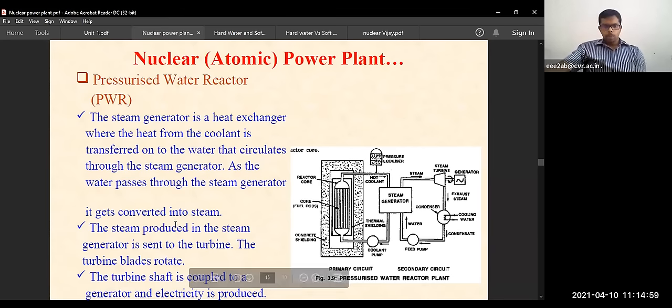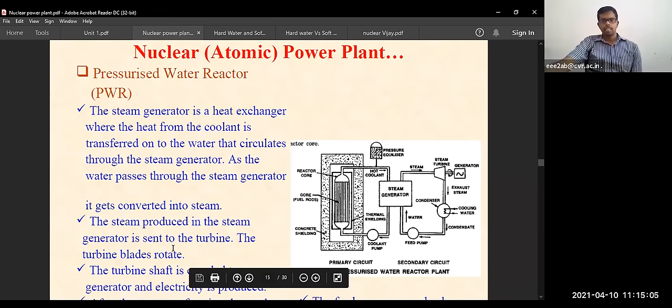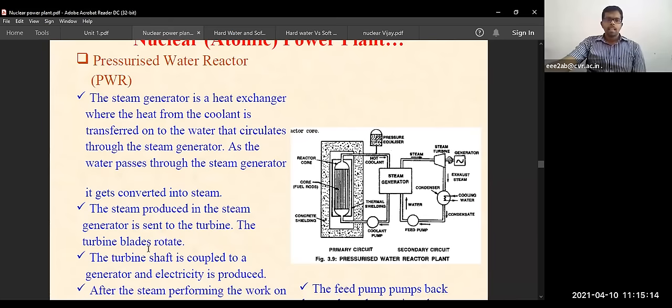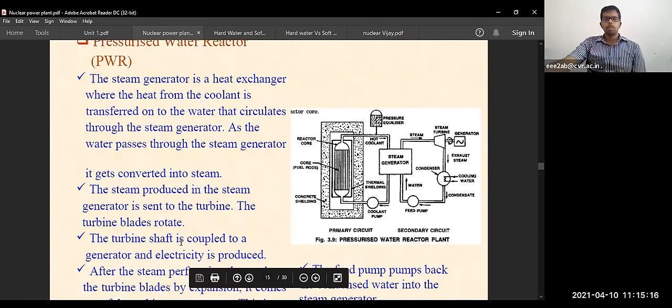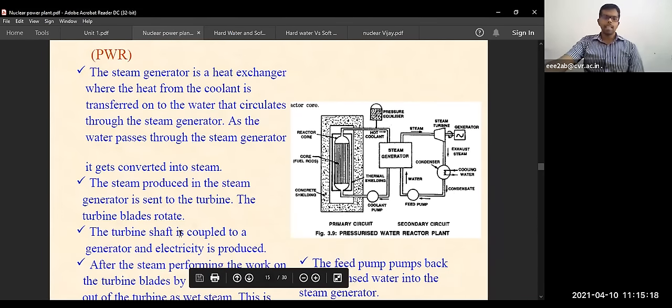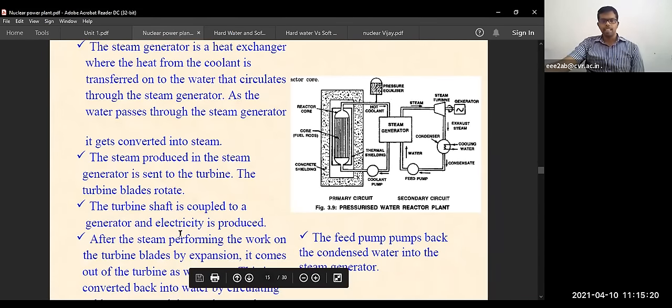Next, steam produced in the steam generator is sent to the turbine. The turbine blades rotate, because the superheated steam is hitting the turbine blades. The turbine shaft is coupled to the generator, so that electricity is generated.